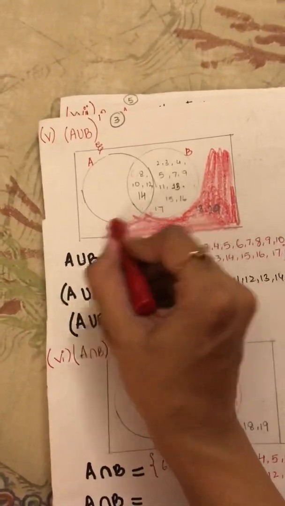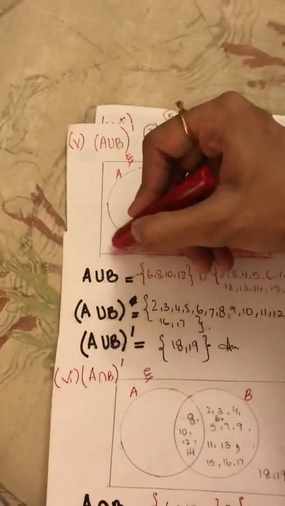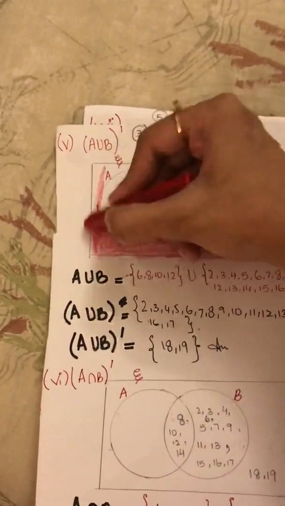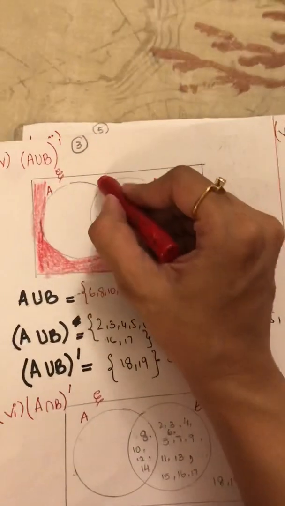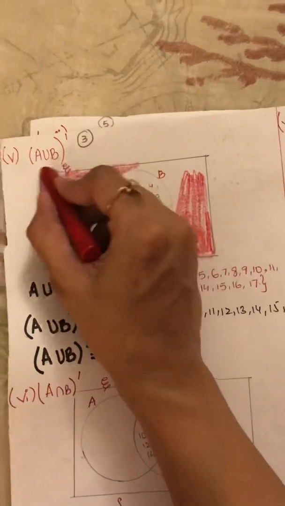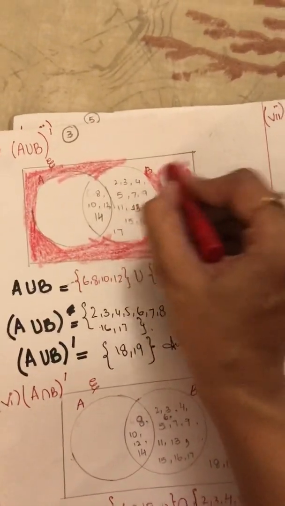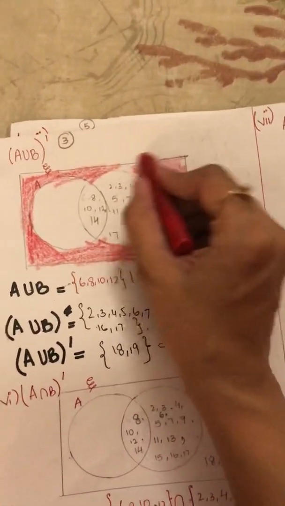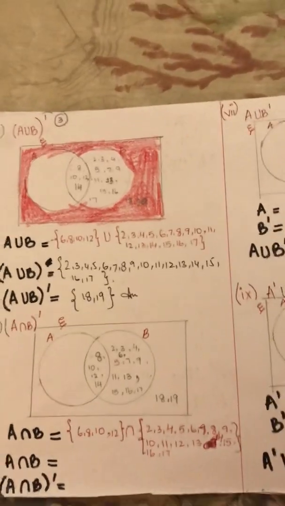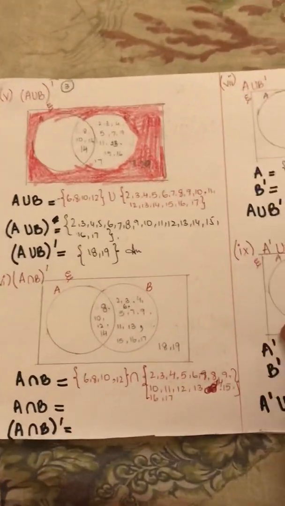So we are not going to shade the circles. This is how the shading of part B is being done. Are we good with this? Now let's move forward to part 6.